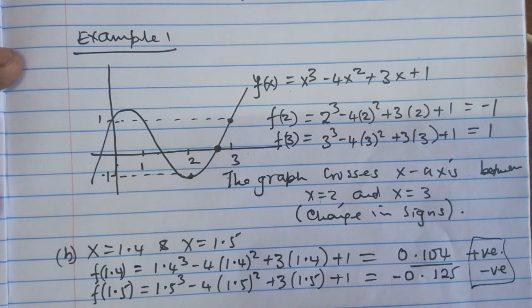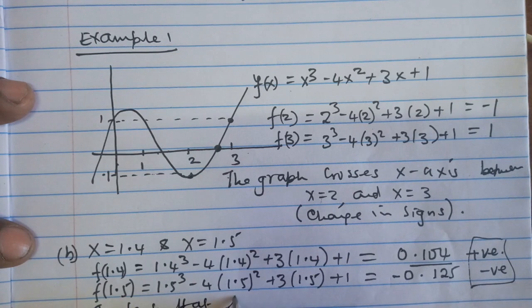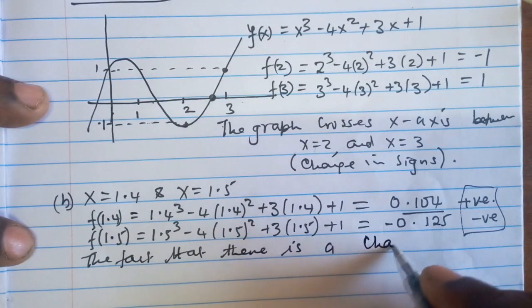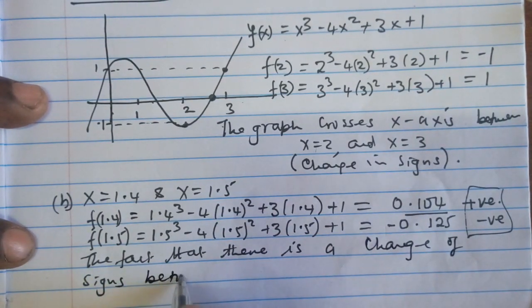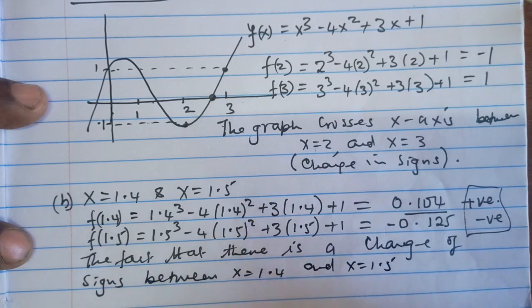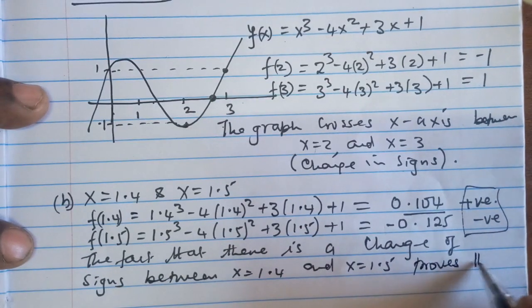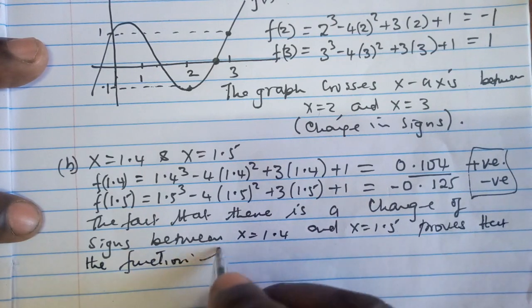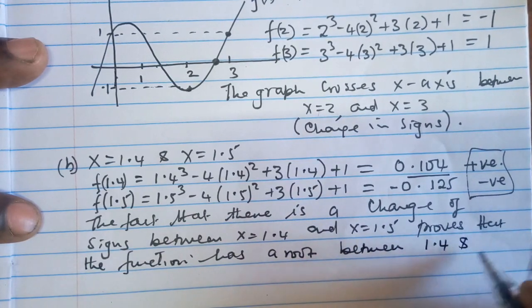So the fact that there is a change of sign between x equals 1.4 and x equals 1.5 proves that the function has a root between 1.4 and 1.5.